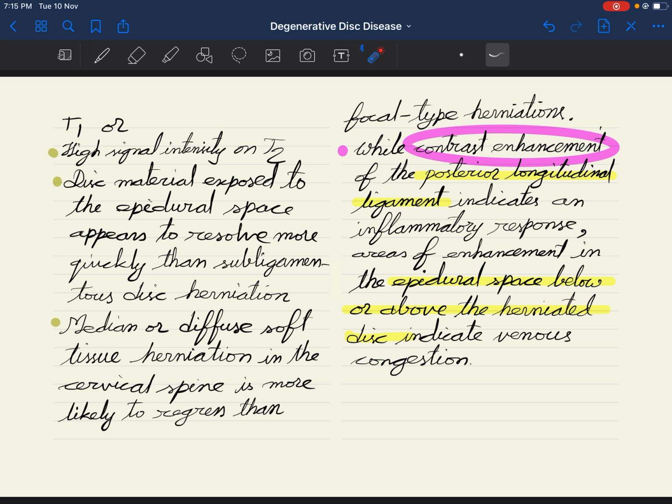In degenerative disc disease, contrast enhancement seen in the posterior longitudinal ligament indicates an inflammatory response. But when contrast enhancement is seen in the epidural space below or above the herniated disc, that indicates venous congestion.